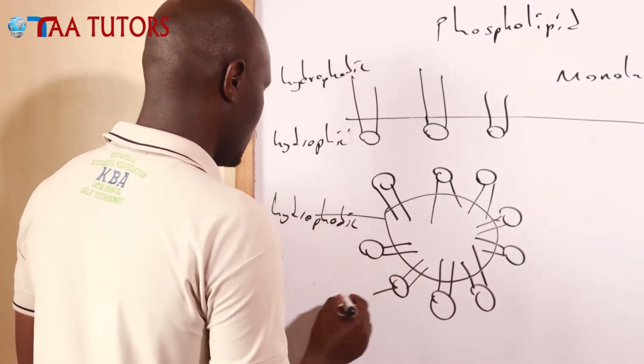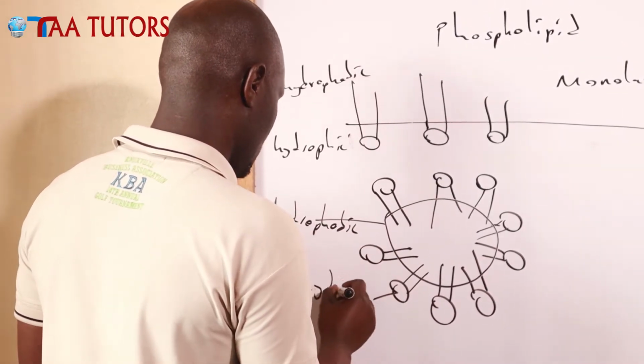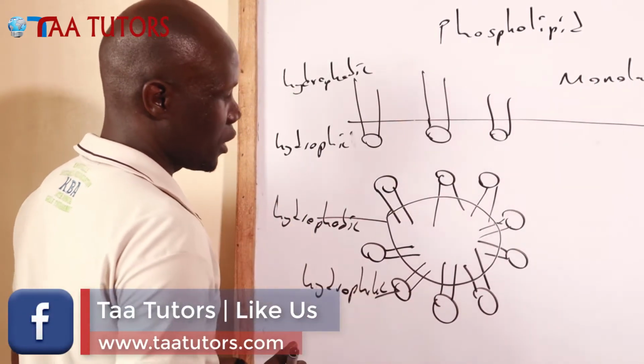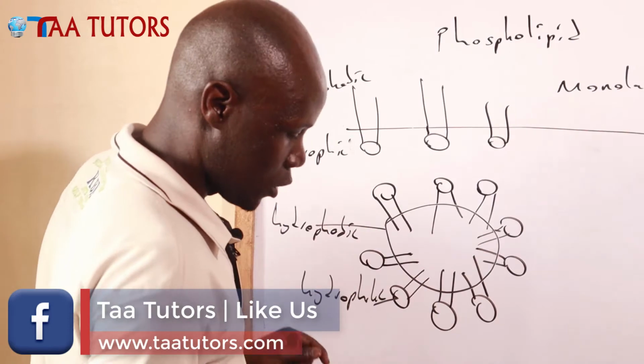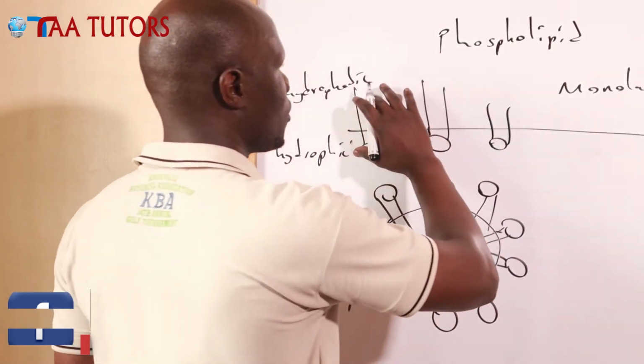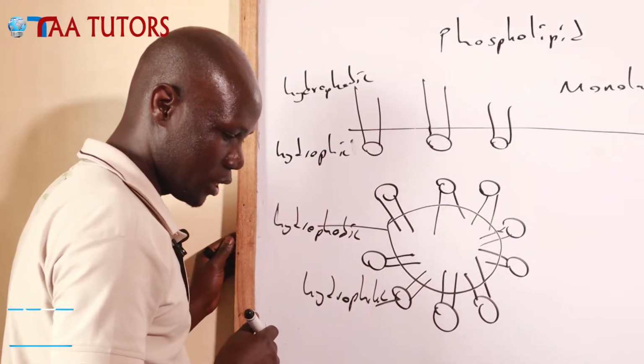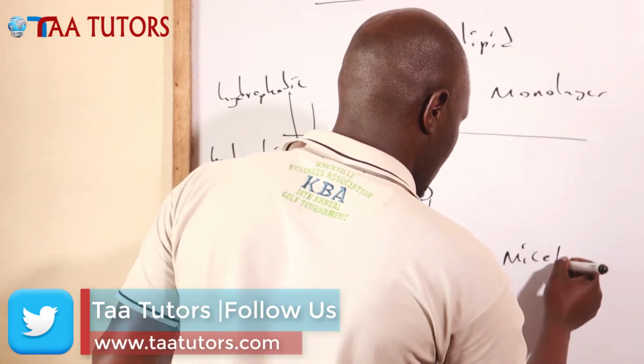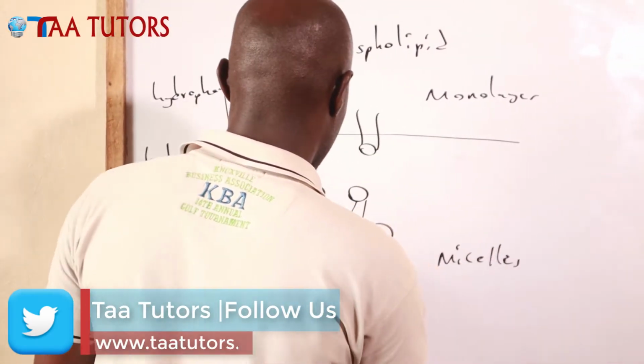And then this other end here becomes the hydrophilic layer, the part that is liking water, and then this is the water hating. So at this point it is not forming a monolayer like we were seeing on the other side, but here we are having the micelle layer that is being formed.